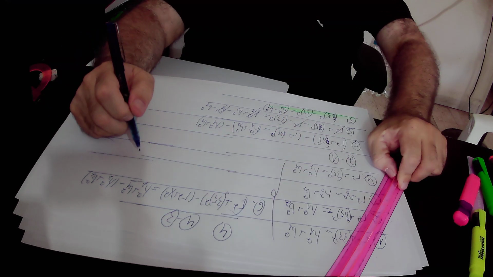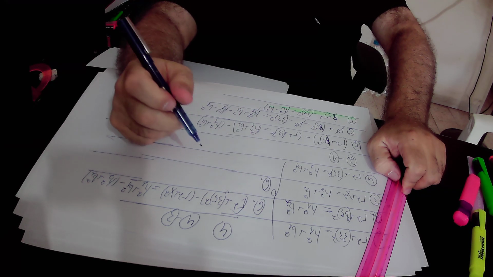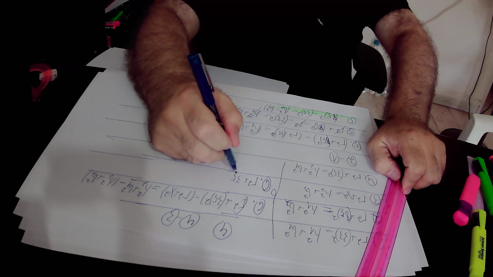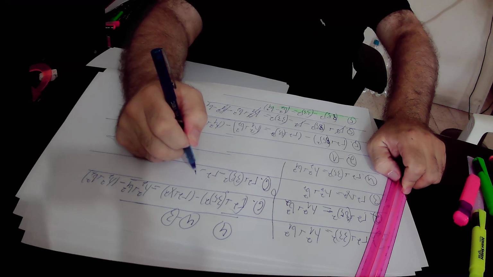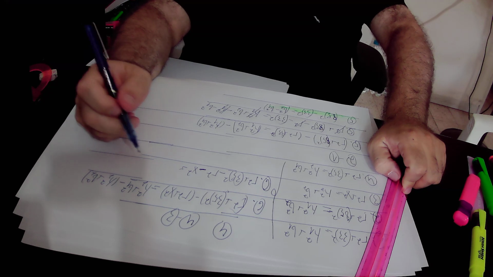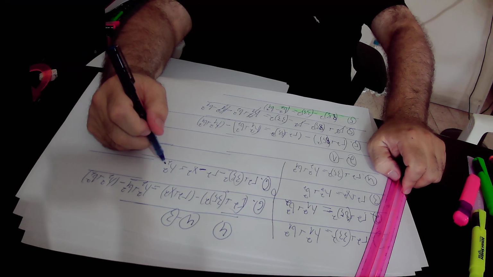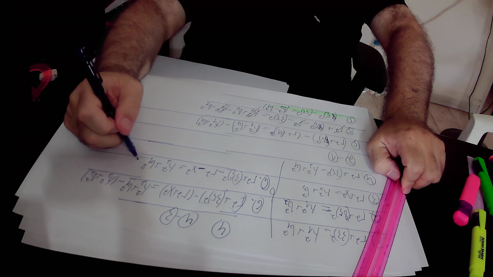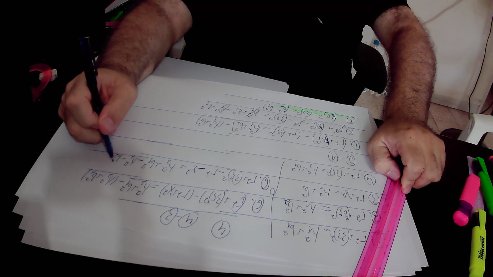Here we open the brackets of equation number 6, and we get R square plus 35 square minus R square minus X square equals H2 square plus B1 square minus H2 square minus B2 square.